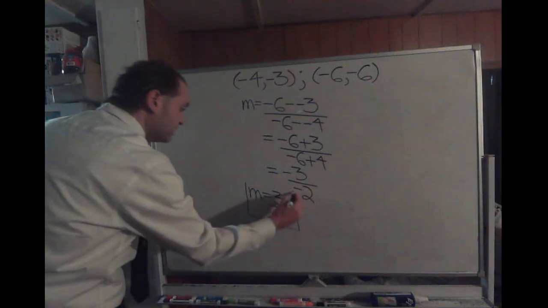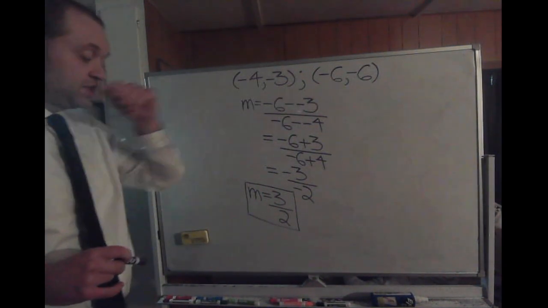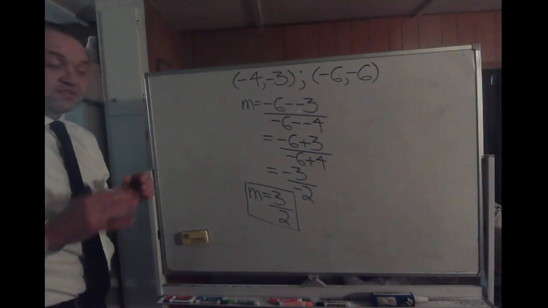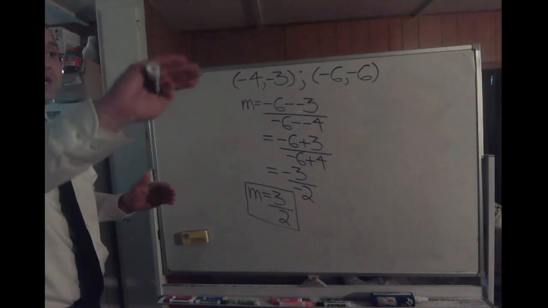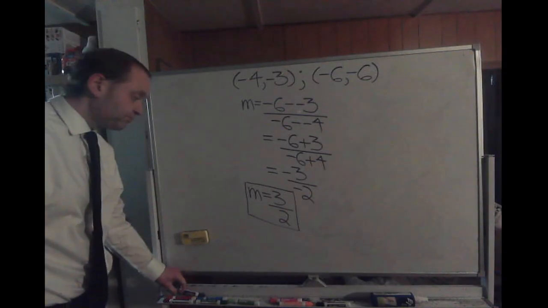So the slope of the line going through those 2 points would be positive 3/2. Since it's a positive slope, it would rise to the right. The line would continue to rise to the right the more right you go.